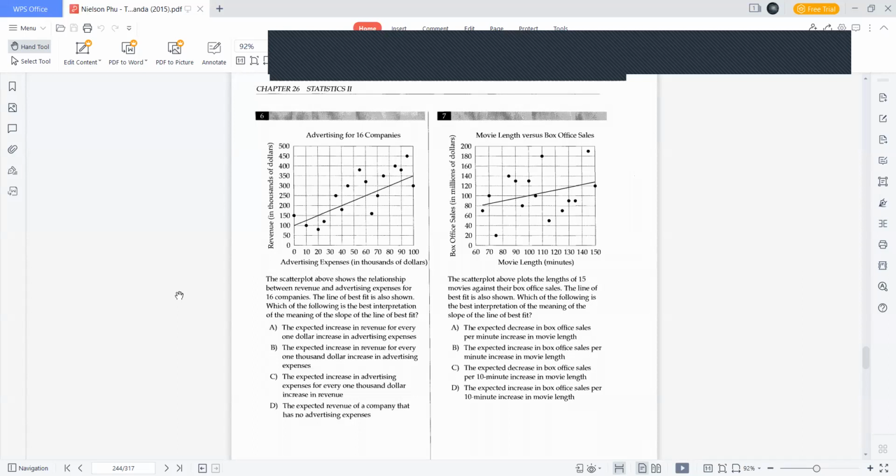Sir? Yep. Yes, sir. I chose B because based on what the scatter plot is showing, for every time that the expected revenue increases, so does the advertising expenses.